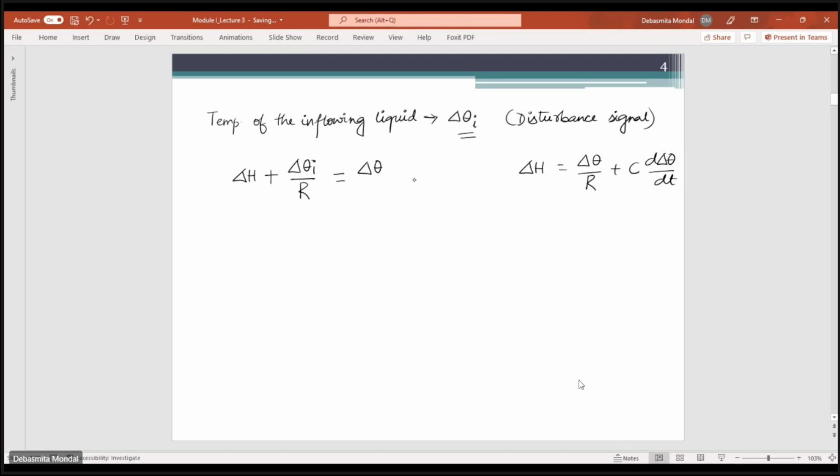That will come on the left hand side, and the right hand side will remain the same, d delta theta by dt. So now if you write this equation, it will be RC d delta theta by dt plus delta theta equals delta theta I plus R into delta H.